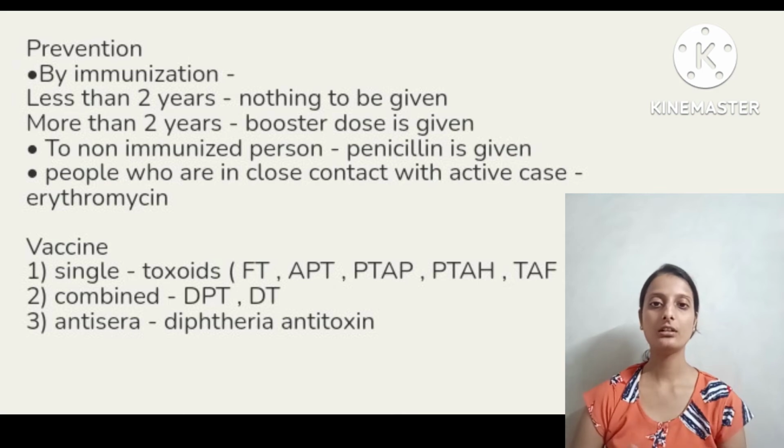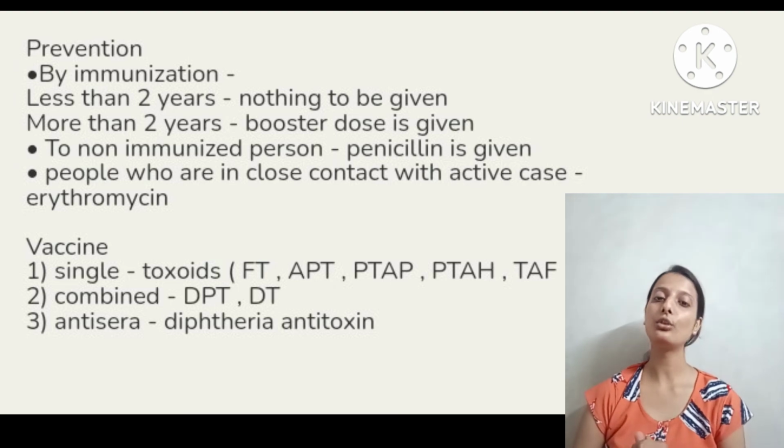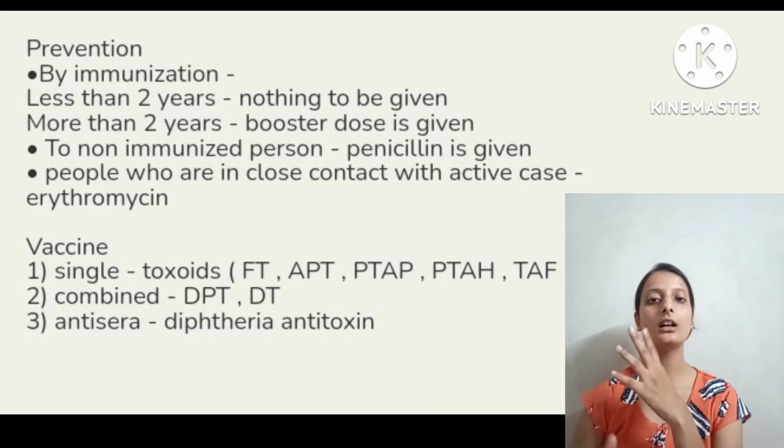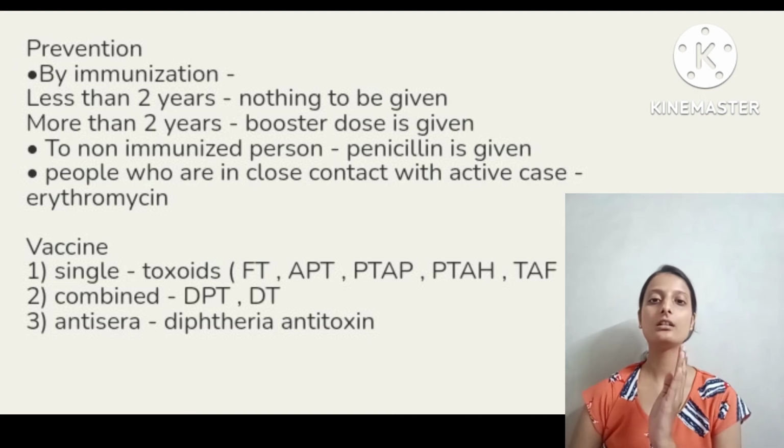In the prevention, there are certain types of people. First, those who have received vaccination or immunization, second, those who have not taken the vaccines, and third, those in close contact with active cases. First we will see the immunized person. The person who has received the vaccine within 2 years is not given anything.